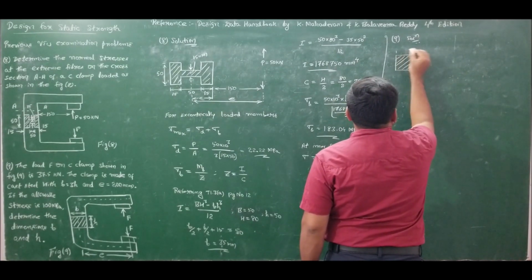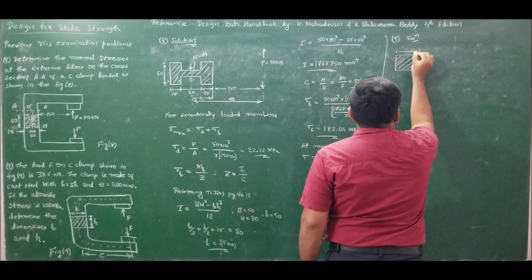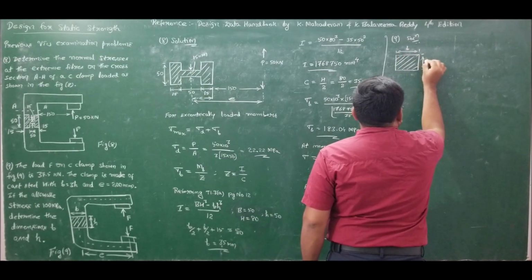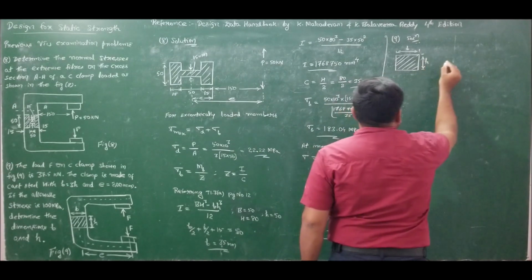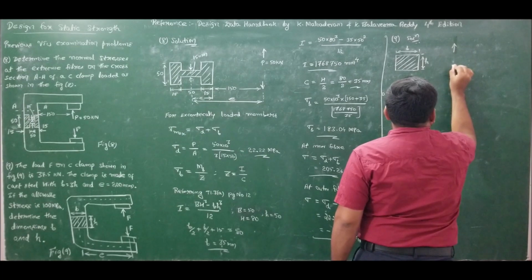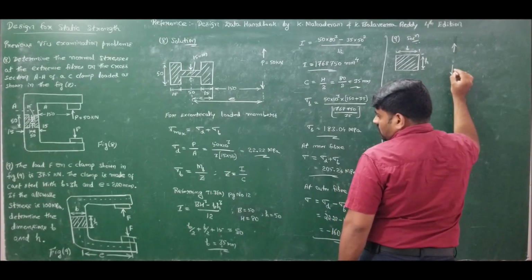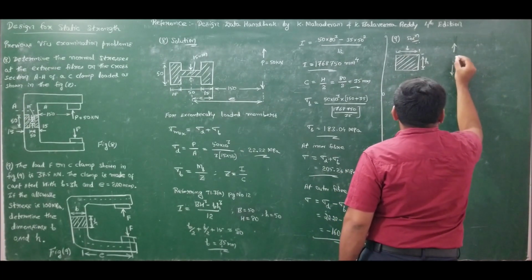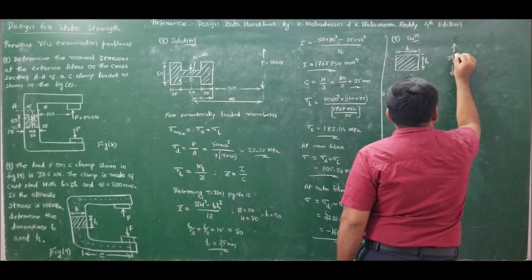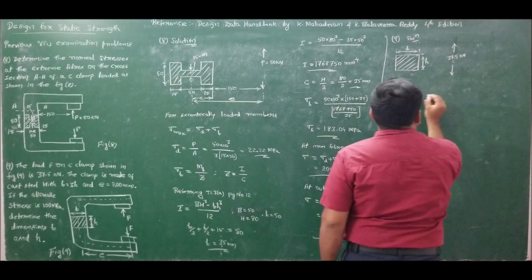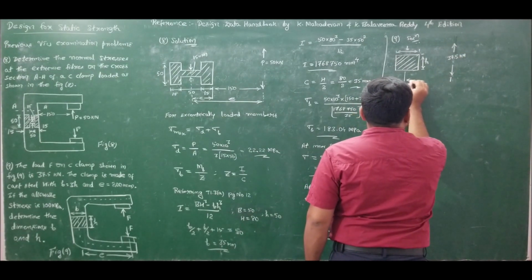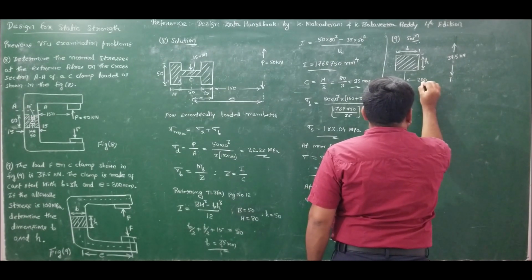He has specified this as breadth B and this as height H, and we have loading F whose magnitude is given as 37.5 kilonewtons, and the eccentricity is directly specified as 200 mm.